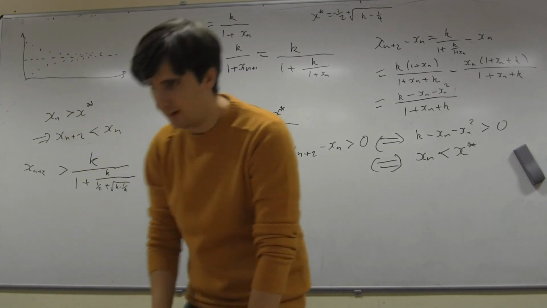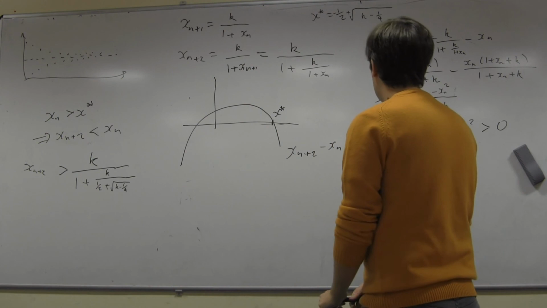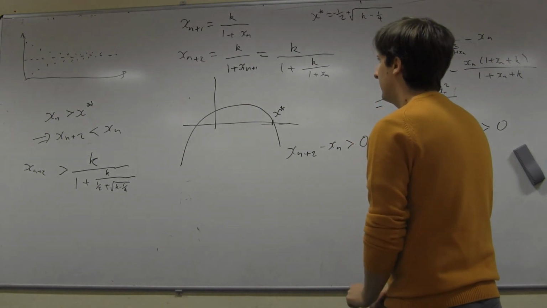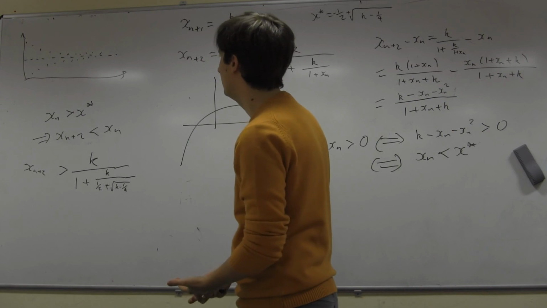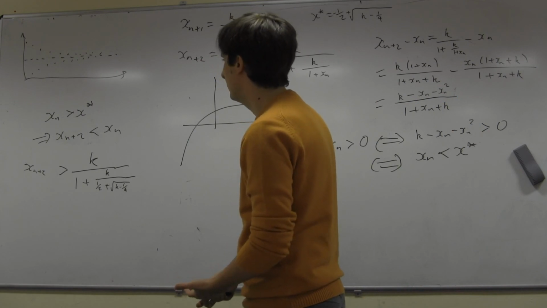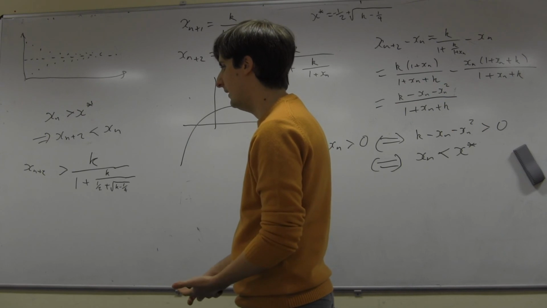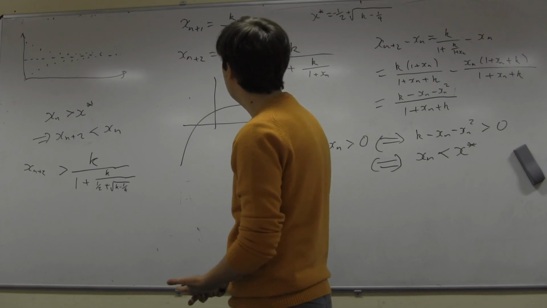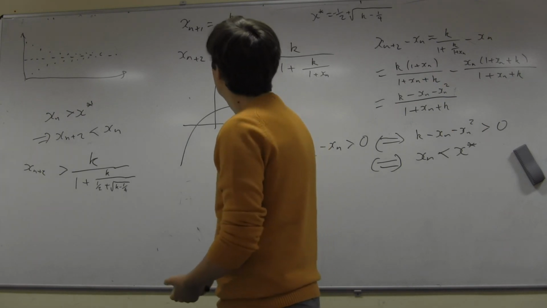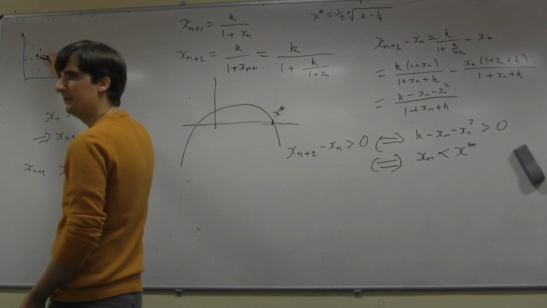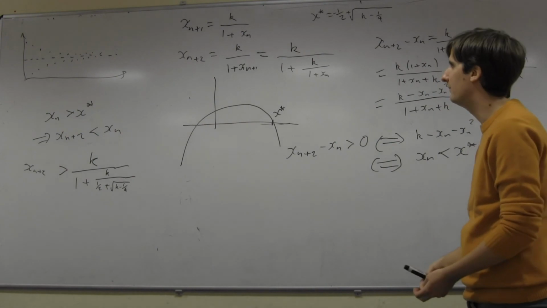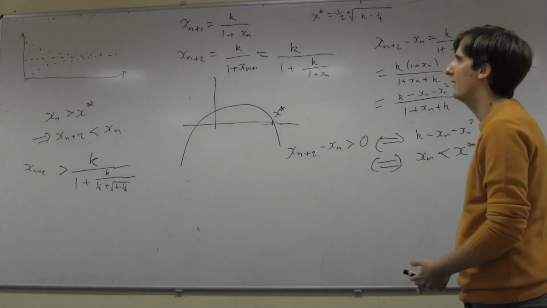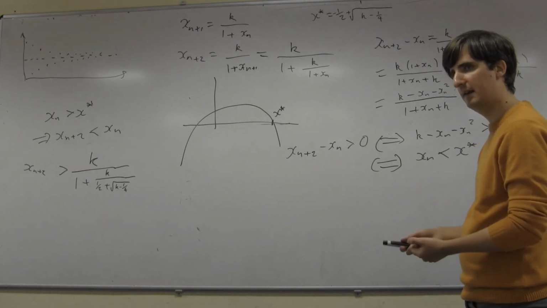So how do we prove that they have to converge to something? Well, they're bounded. The odd elements are all above x star. The even elements are all below x star. So they're bounded and monotone.